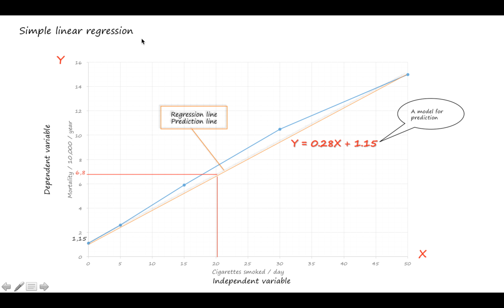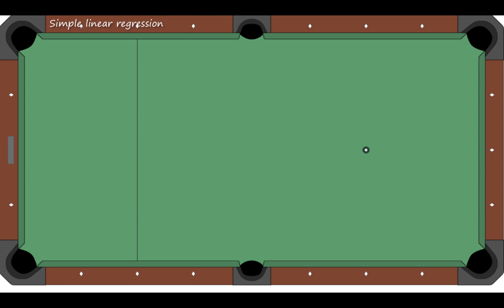Let's put it in a more visual way. Imagine you have a pool table, a billiard table or something, and your goal is to get the white marble into the hole in this corner. You have 3 possibilities and you want to choose one of those as the best shot to reach this goal.